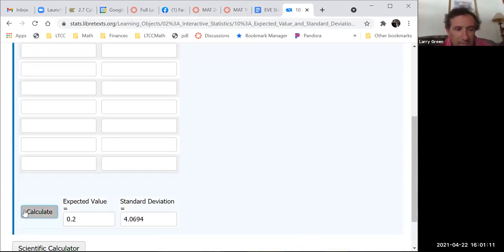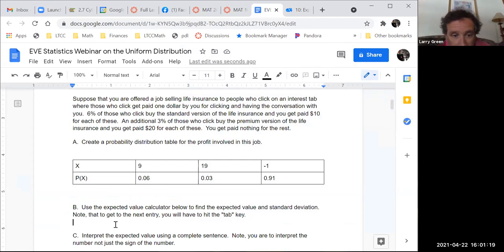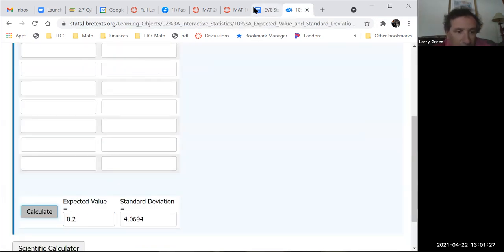So I hit calculate. The expected value is 0.2, standard deviation is around 4. Okay, so expected value, EV, is equal to 0.2.